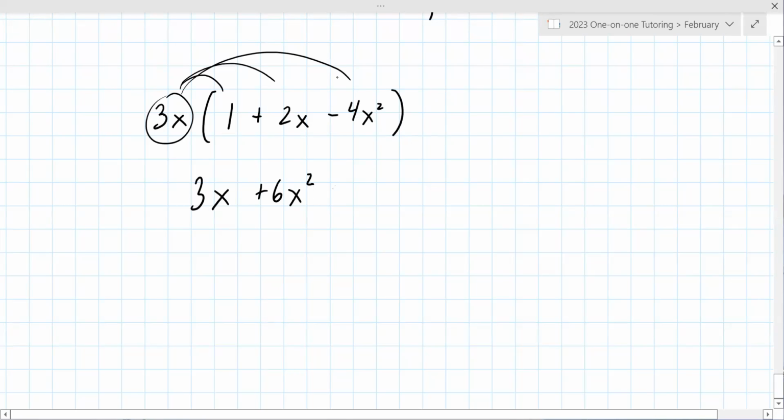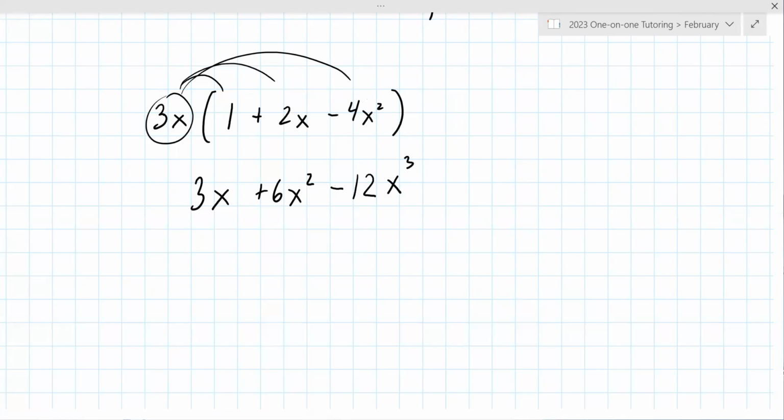Just do it in pieces. 3 times the negative 4. Negative 12. And then how about x times x squared? The negatives don't affect the exponent at all? Nope. So what's the power of x here? 3. Good. Okay. All right.